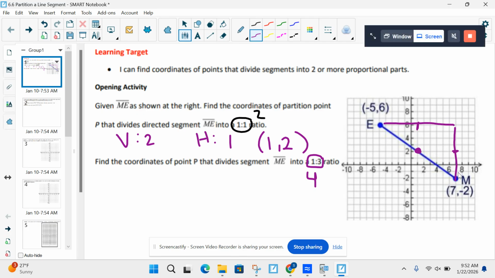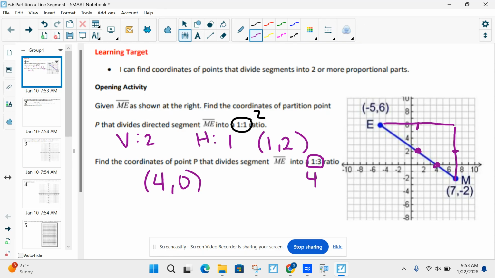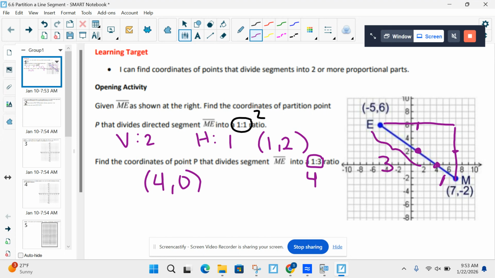Now we're thinking about 1/4 of the way up and 1/4 of the way over. So what coordinate? Yes. That would divide it into a ratio of 1 to 3.